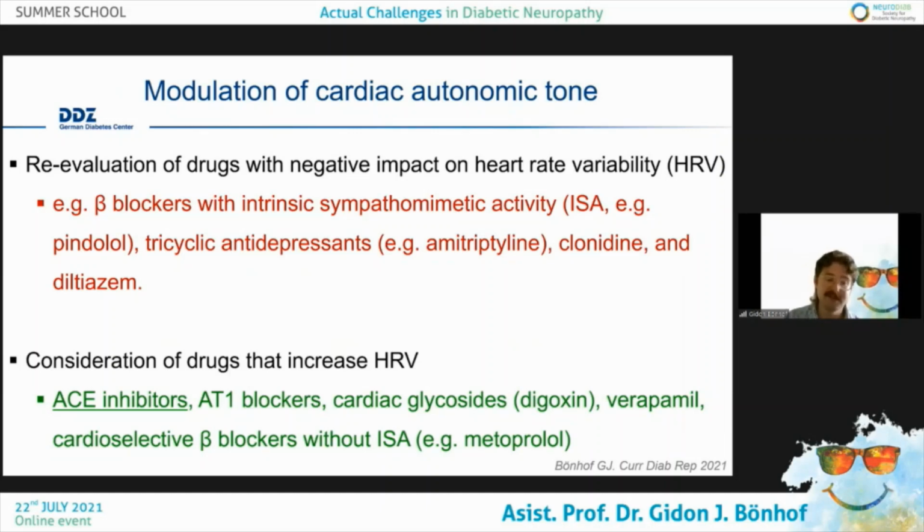In my experience, ACE inhibitors or AT1 blockers have a good impact on heart rate variability. They have a good safety profile and are beneficial in many patients, so I would suggest those substances. Also, digoxin and verapamil and other beta blockers like metoprolol are useful to increase heart rate variability.